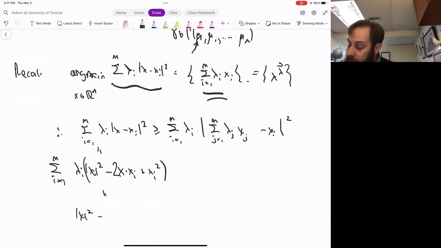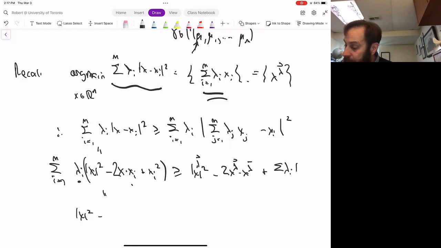So this is bigger than x squared minus x barycenter squared minus 2x barycenter, and then the sum of the lambda i's xi's is another copy of x barycenter, plus the sum of the lambda i's xi squared. And so this is 2 times that.